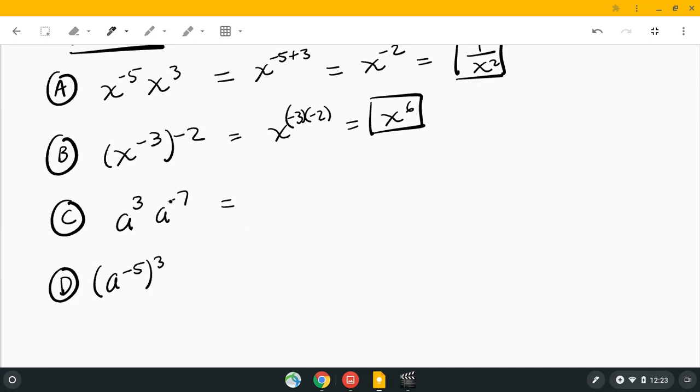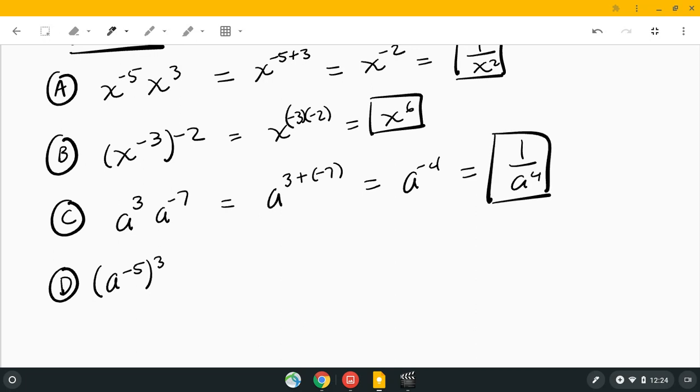Here, again, we can use the product rule, so I'm going to add the exponents. And that will give me negative 4. And so I will take the reciprocal. And then here, power rule. So I'm going to multiply my exponents.